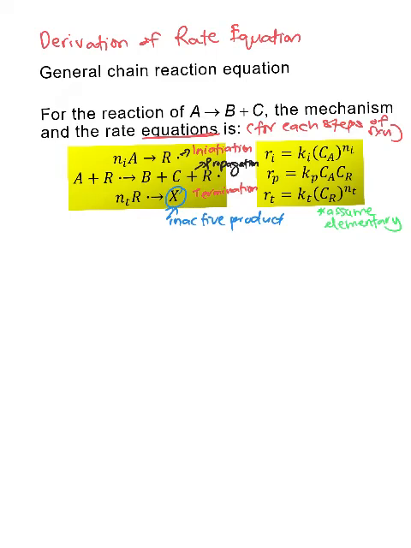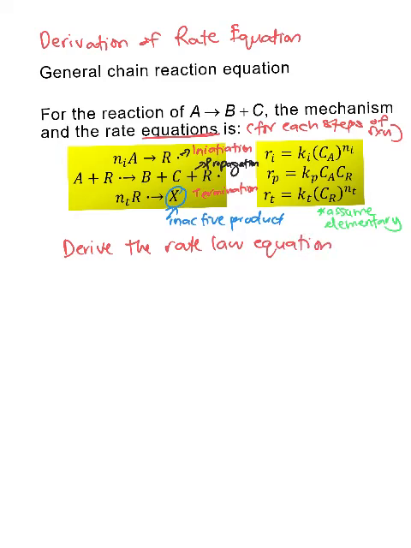Then we want to derive the rate law equation for the overall reaction of A to produce B and C, based on the mechanism of reactions given. So how to derive the rate law equation?